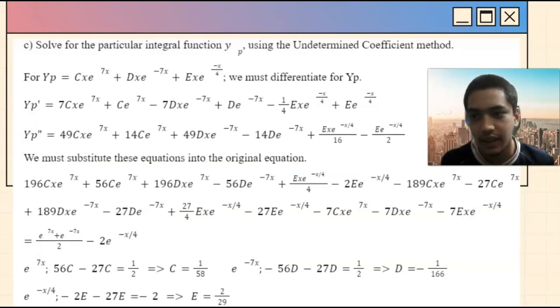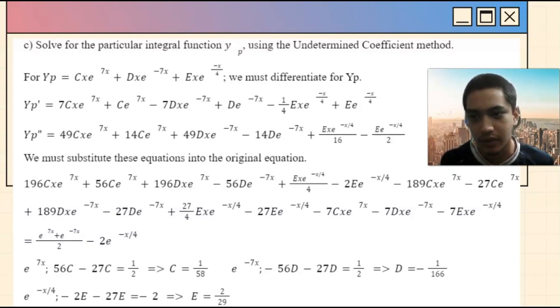For question C, it asks to solve the particular integral function of yp using the undetermined coefficient method. So for yp, c x exponential to the power of 7x plus d x exponential to the power of negative 7x plus e x exponential to the power of negative x over 4. So firstly, we must differentiate yp.